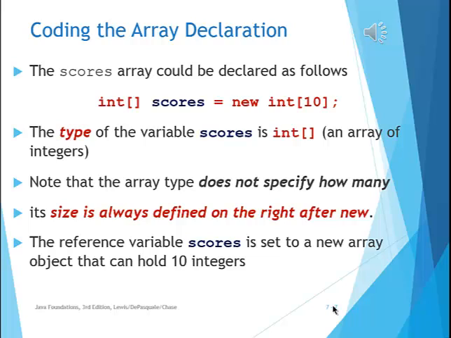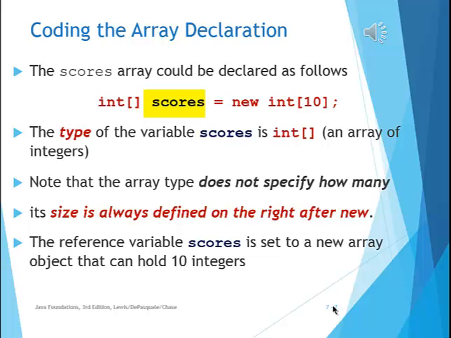So let's examine how we declare arrays when programming. The first array we considered was the scores array. In the example here, we see the int array declaration formed by the type and an empty set of brackets. These brackets tell us and the compiler that this is a collection of ints, which we call an int array.